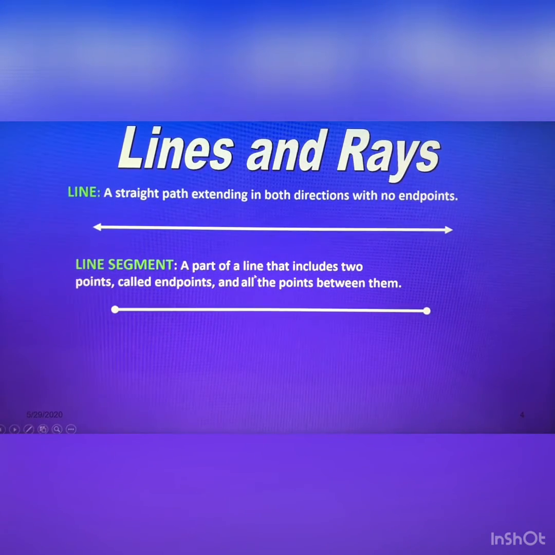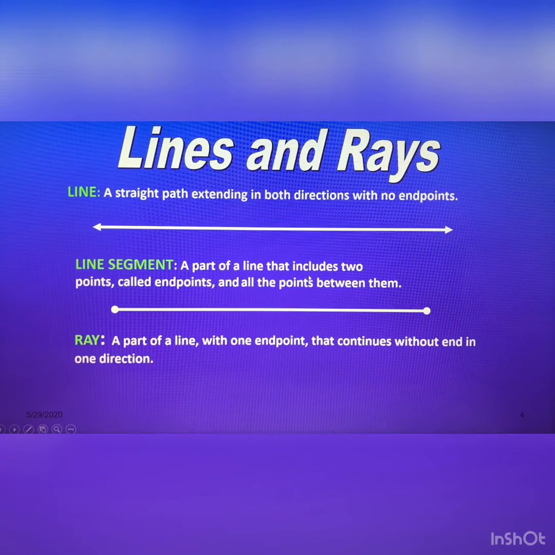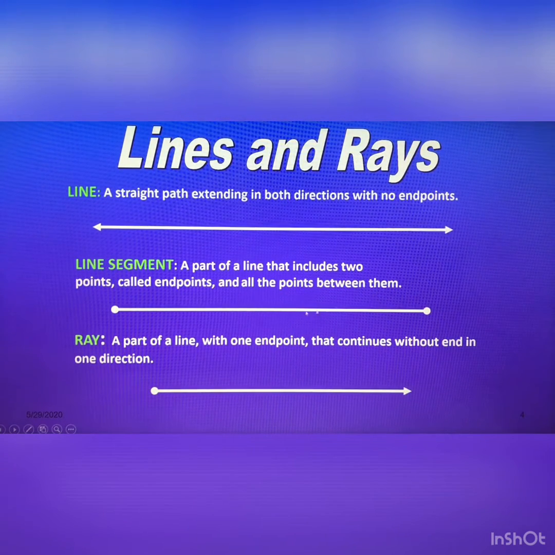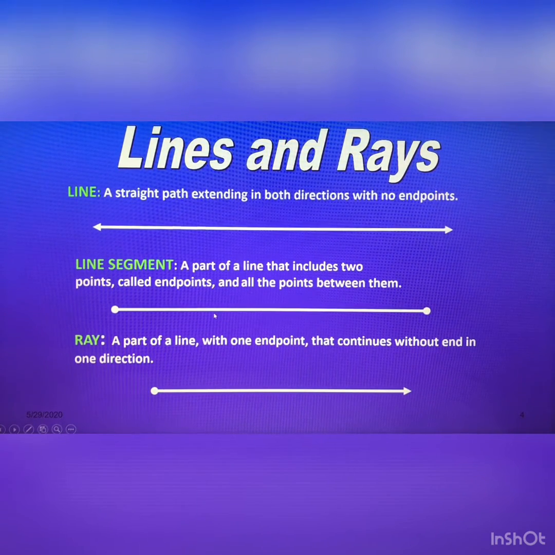A part of a line that includes 2 points called endpoints and all the points between them. So this geometrical figure is known as a line segment, which has 2 endpoints.